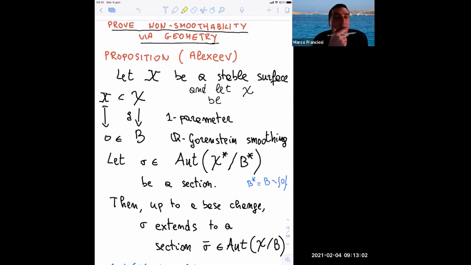So we have this proposition, which was suggested to us by Valery Alexeev, which says the following.